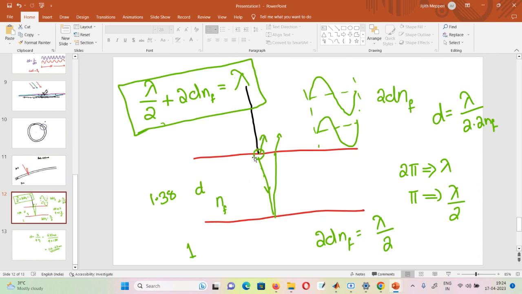Pi phase difference means a lambda by 2 path difference. And if the reflection is happening from denser to rarer, there will not be any phase difference, so you don't need to consider that. But only at one position you are getting a phase difference of lambda by 2, and at the other position there will not be any phase difference, so you have to add those phase differences together.